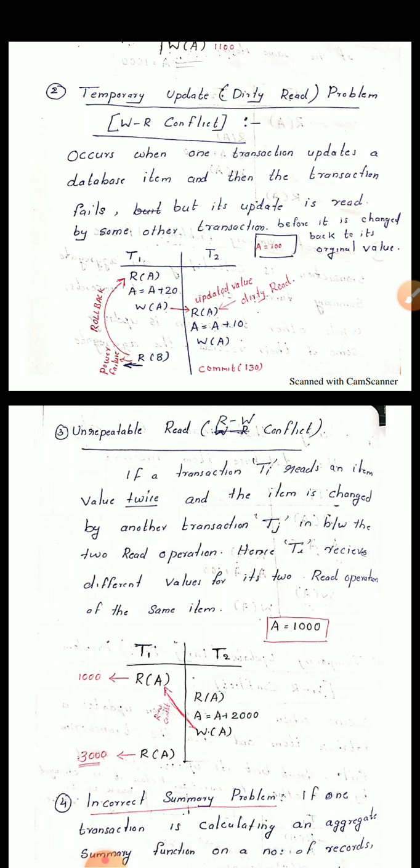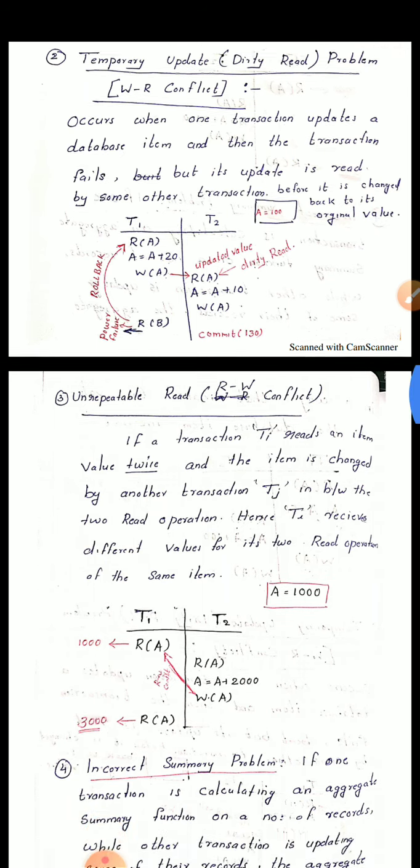For example, the database contains an account with 1000 rupees for A. Transaction T1 reads the item A as 1000, and transaction T2 also reads the value of A as 1000 and then updates it to 1000 plus 2000, giving 3000, which is in the buffer and can be written into the database.